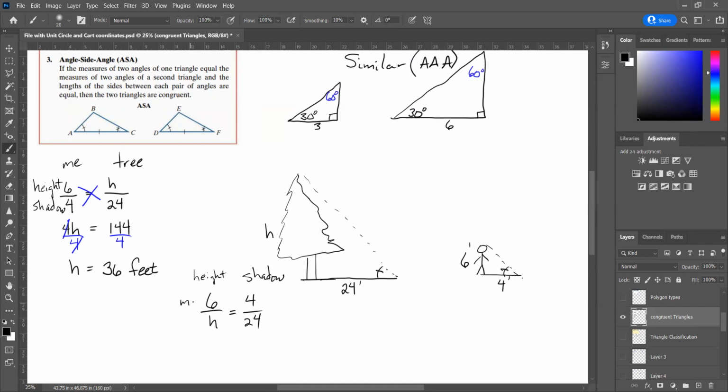The top is me, the bottom is the tree. Either way, when we cross multiply, we get 4 times h, and we get 6 times 24. We get the same thing. So as long as you set them up with the same sort of thing on the top, with the same sort of thing on the bottom, this is going to work out well.